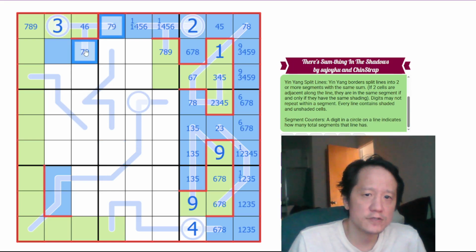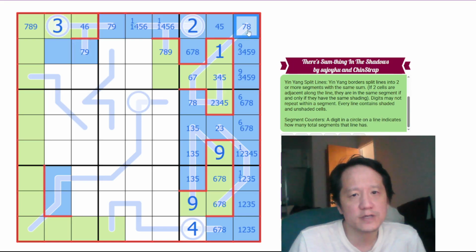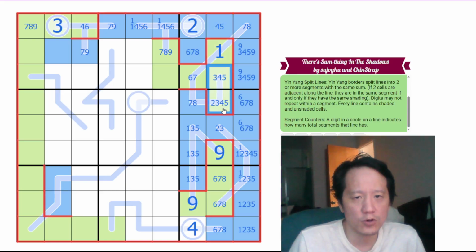If this is 7 here, that would mean this is 4. This has to be 5. So the 7 here would eliminate 7 here. This would have to be 8, but then this is 5 already because this is 4, and that would not work, right? Because this is at most 3 and 4 added together.